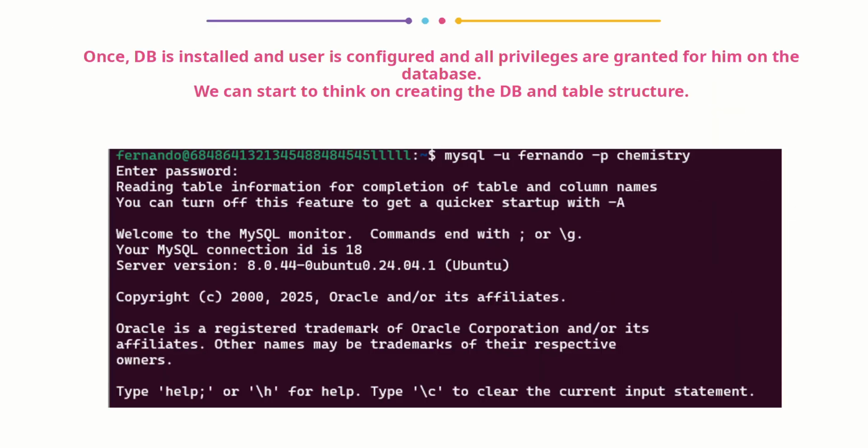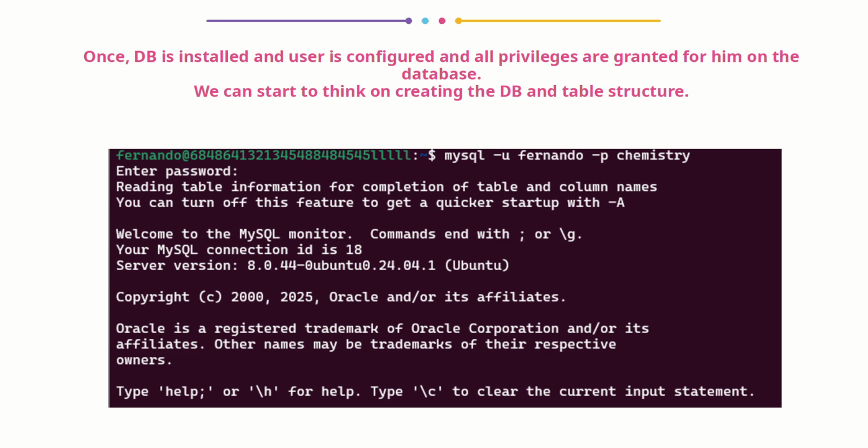Once you have installed the database, you need to create a database space or a schema. In this case, we have created a database schema called chemistry, which is just a name because we use the periodic table of elements, so it makes sense to me at least.